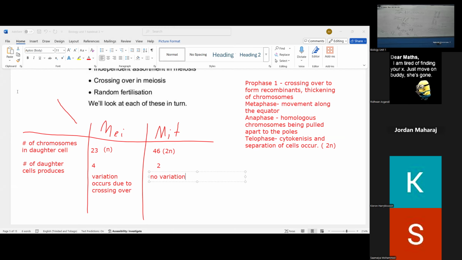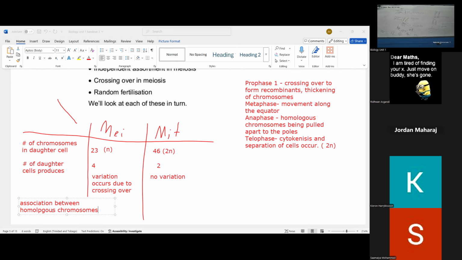The next category is association between homologous chromosomes. The only time the homologous chromosomes come together is for the purpose of exchanging genetic information.